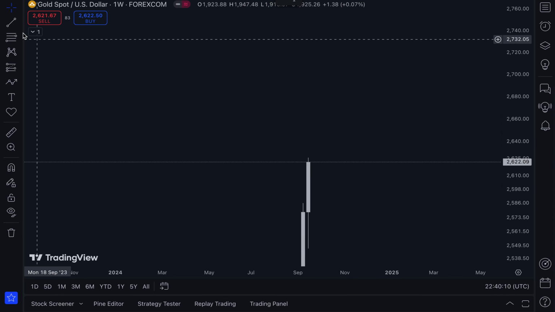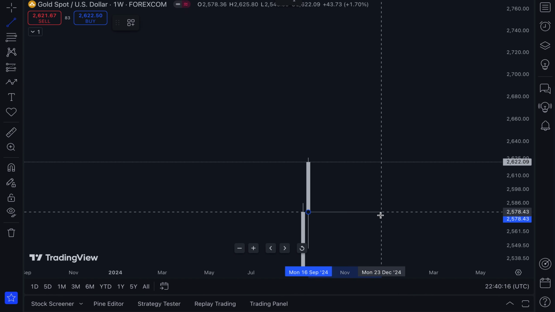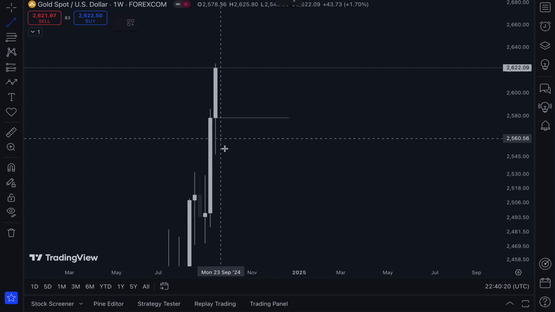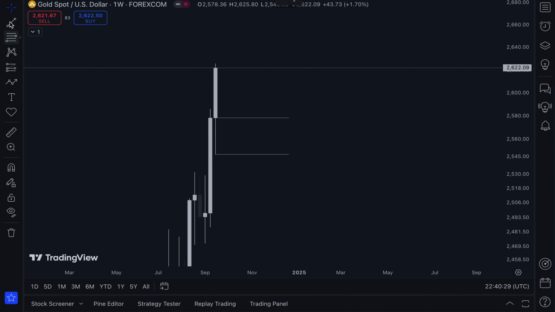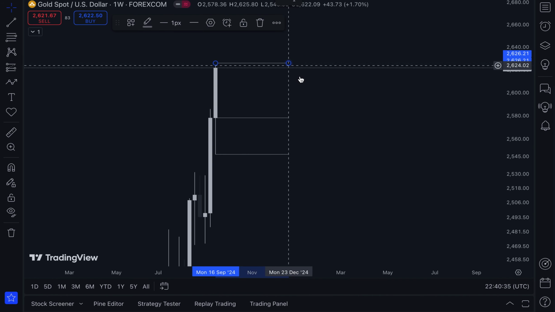We will mark the open of the candle, which is here, and then we will mark the low of the candle. This is the lowest point ever recorded on this candle, and then we will mark the high of the candle, since the close on Fridays is always where the dotted lines of the actual price is.